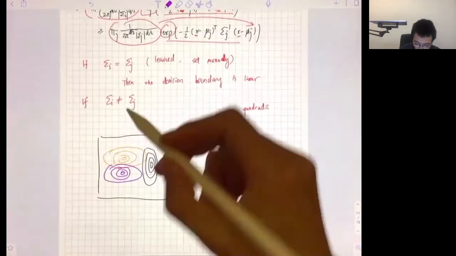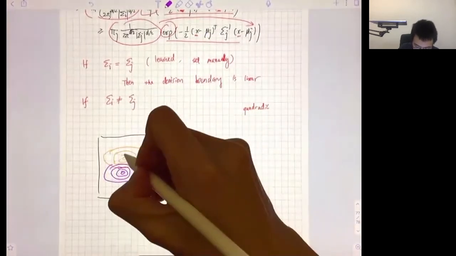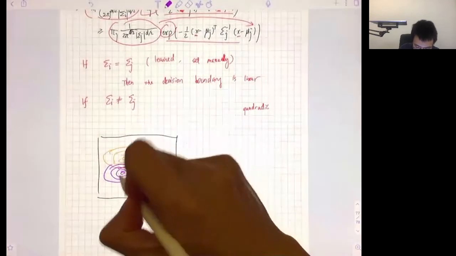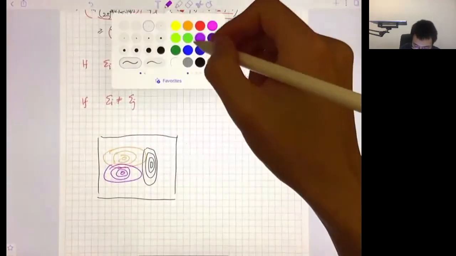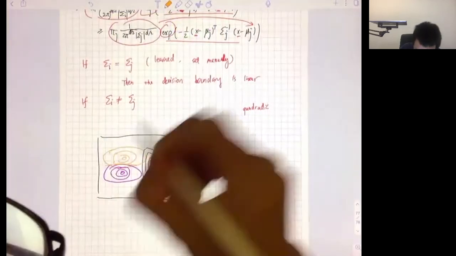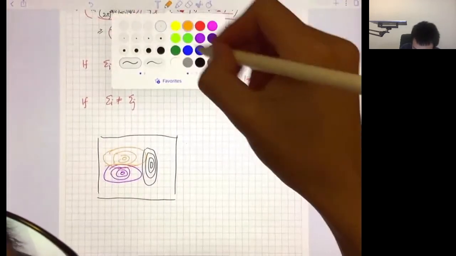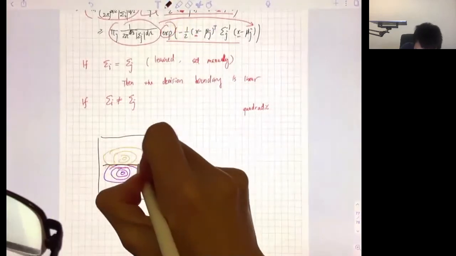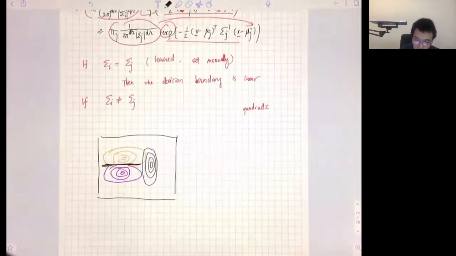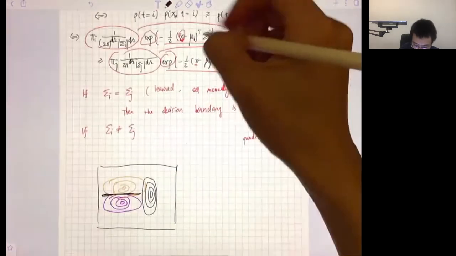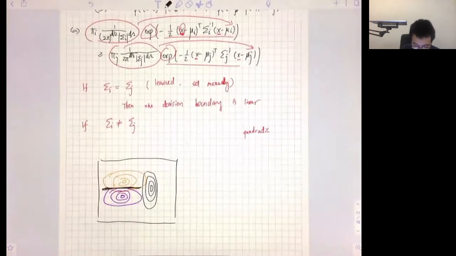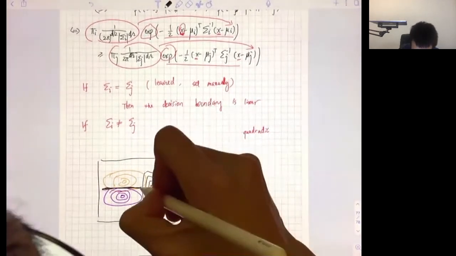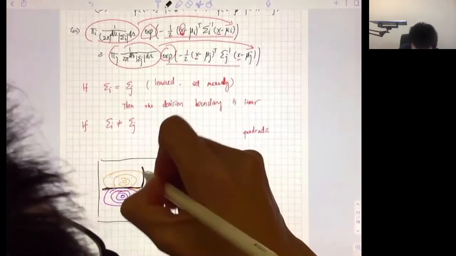And suppose the covariance of the orange Gaussian and the purple Gaussian are the same, then the decision boundary for them is here. The decision boundary is a linear line, right? Because the sigmas are the same, then the quadratic term cancels out. But in case they are not the same, then the decision boundary would be a quadratic line. So the decision boundary will be something like this.